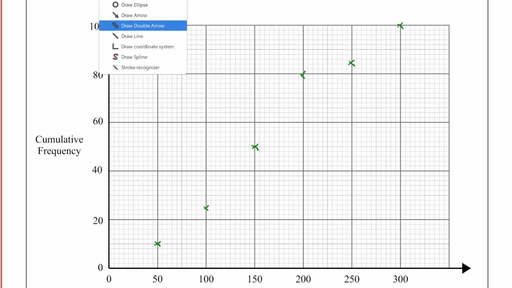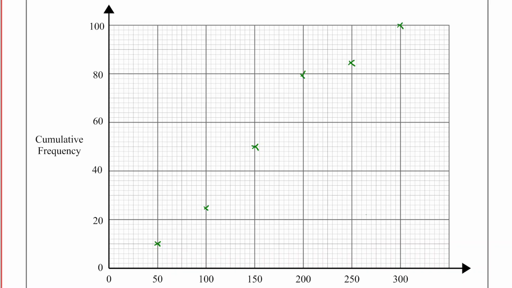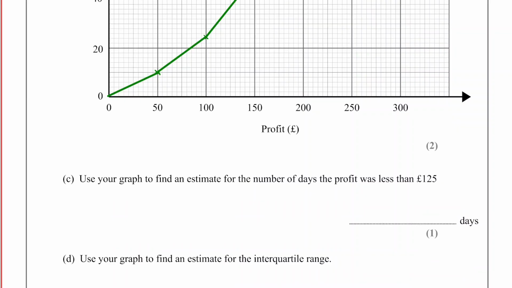And we can join these up with either a smooth curve or straight lines. I'm going to use a ruler, straight lines, because the smooth curve is very difficult on the computer. So that is our cumulative frequency diagram.